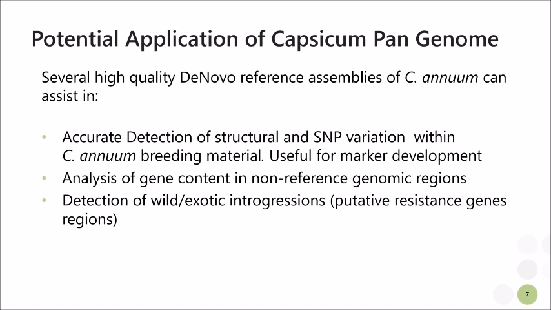It will also assist in analysis of gene content in segments of the genome that are not represented in the reference genome, and detection of wild or exotic introgressions in these breeding lines. I think I am finishing my part, and we will move to Sharon, who will talk about more technical aspects of the consortium.